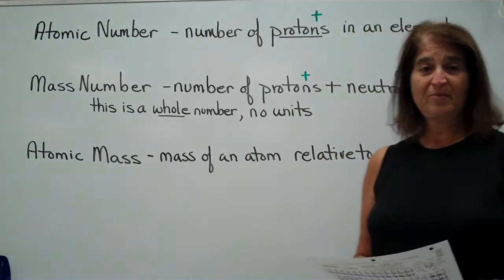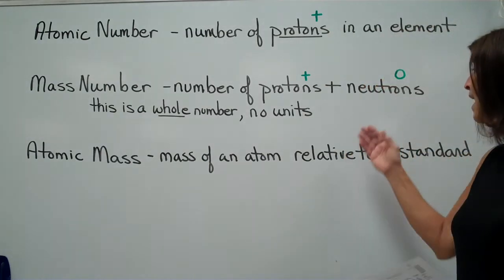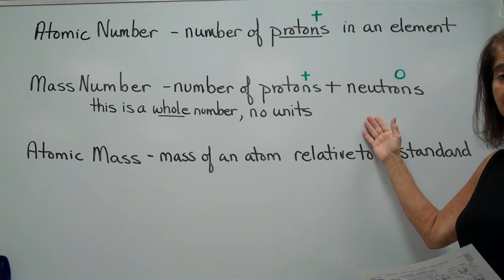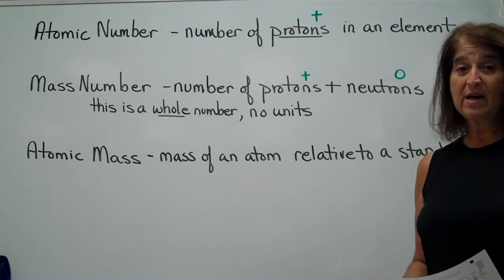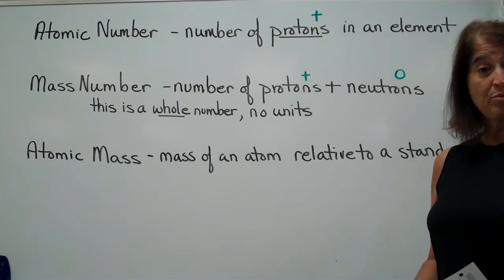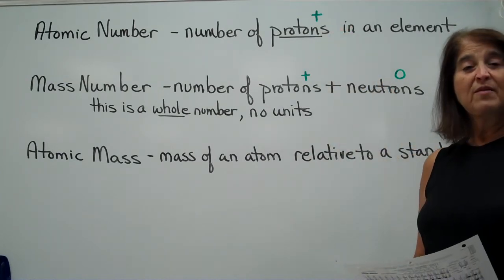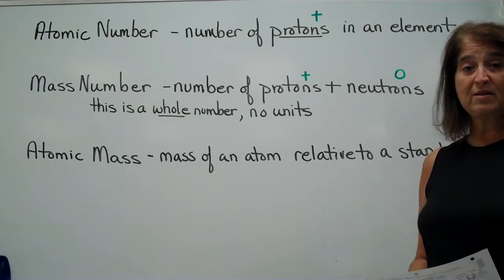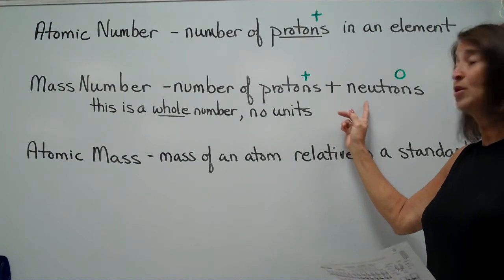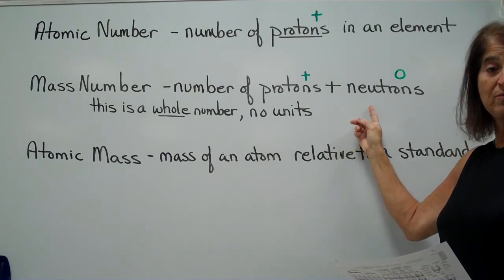Mass number. The mass number is the number of protons and neutrons. Now, if you're looking at subatomic particles, I hope you remember that protons are positively charged. They are found in the nucleus. Not only are protons in the nucleus, there are neutrons. Neutrons carry no charge.